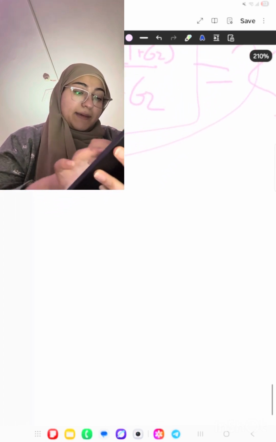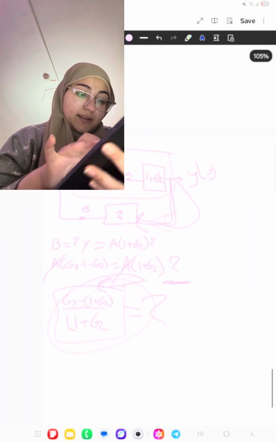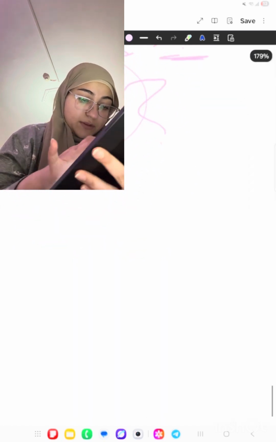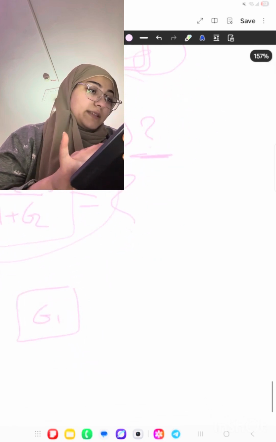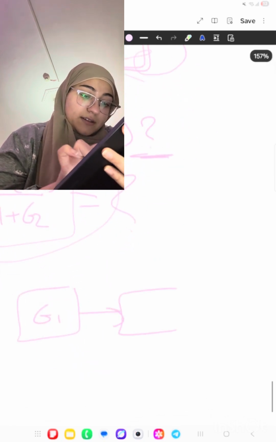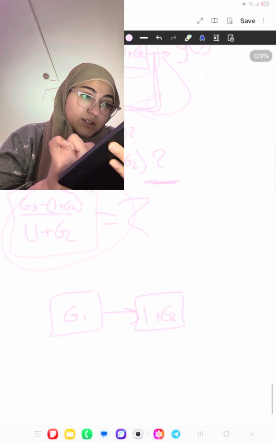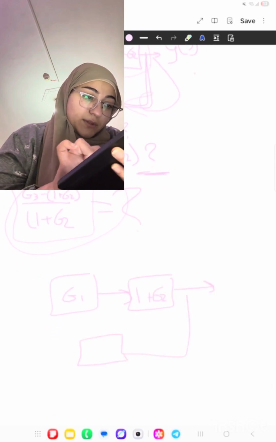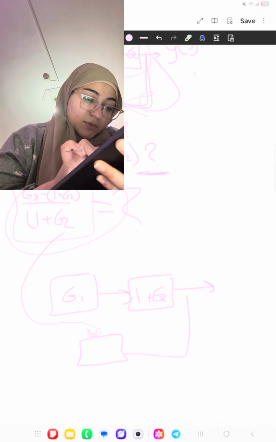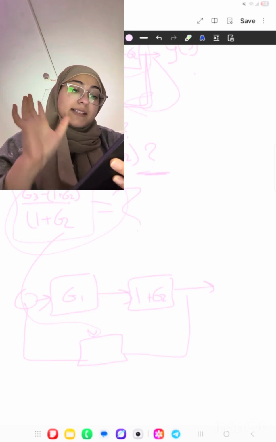If we want to make it as a drawing, this is G1, here G2, and here is the question mark block, then here is the mixer, a simple one.